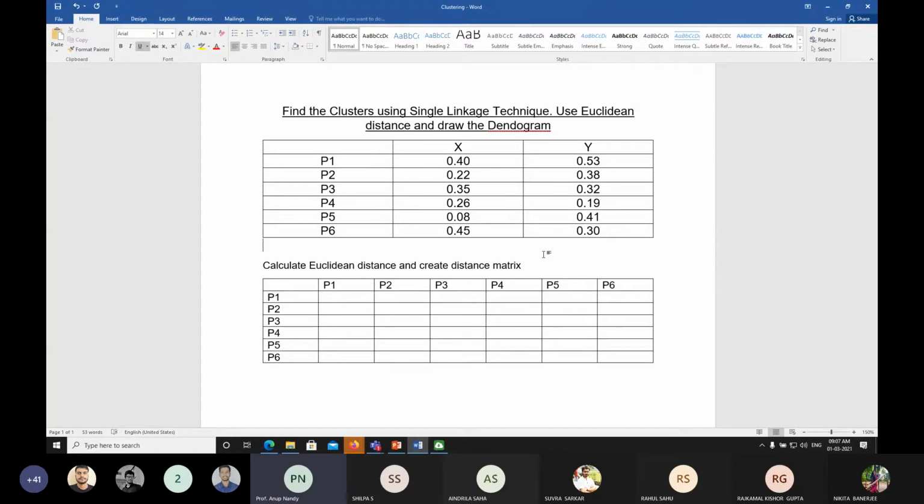So your first step, before applying the single linkage technique, is to form a distance matrix. Based on your data points, the size of the distance matrix will be defined.